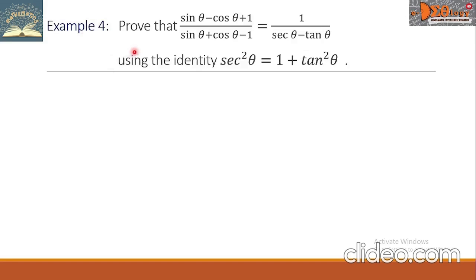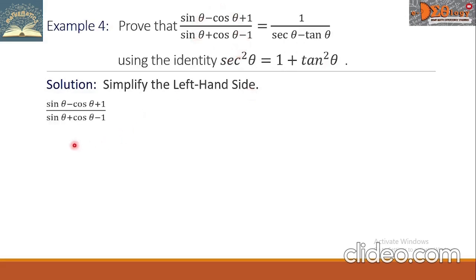Example 4. Prove that sine theta minus cosine theta plus 1 over sine theta plus cosine theta minus 1 equals 1 over secant theta minus tangent theta. Using the identity secant square theta equals 1 plus tangent square theta. Let us simplify the left-hand side, meaning let us copy the left-hand side fraction here.